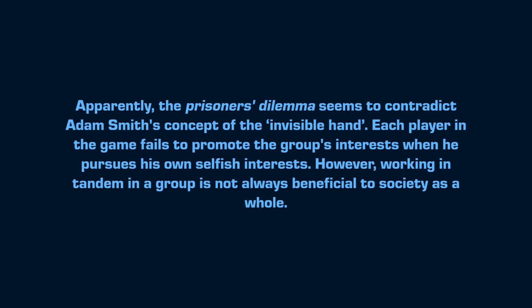Apparently, the prisoner's dilemma seems to contradict Adam Smith's concept of the invisible hand. Each player in the game fails to promote the group's interests when he pursues his own selfish interests. However, working in tandem in a group is not always beneficial to the society as a whole.